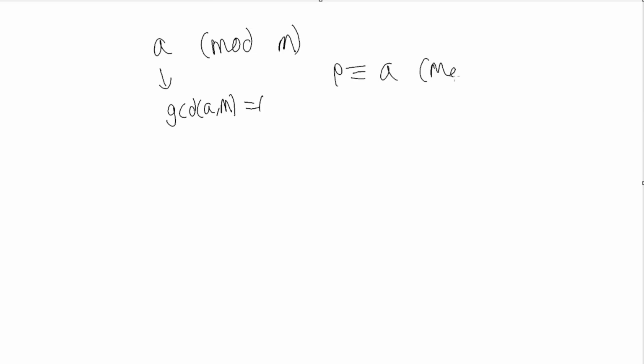Suppose we have a mod M, just like the CRT setup, and such that GCD of a and M is equal to 1. Then this means that there exist infinitely many primes P equivalent to a mod M. And this is infinitely many. And this theorem is called Dirichlet's theorem.